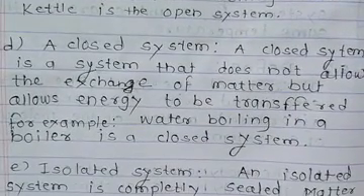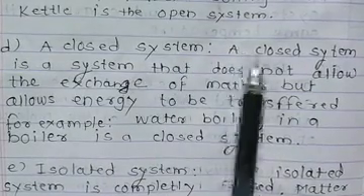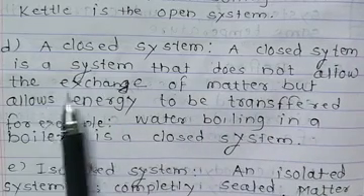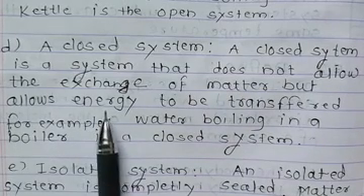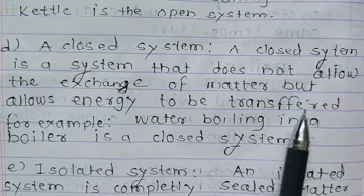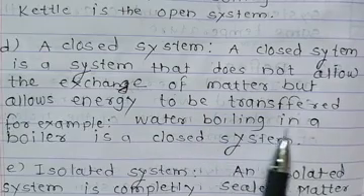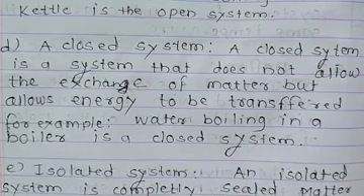Next, D. A closed system. A closed system is a system that does not allow the exchange of matter but allows energy to be transferred. For example, water boiling in a boiler is a closed system.